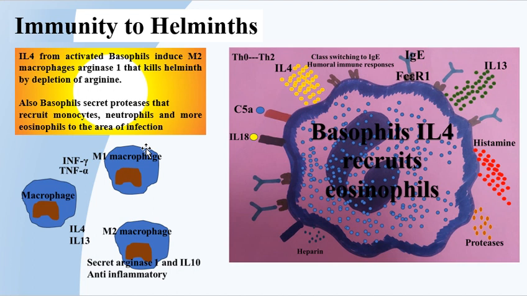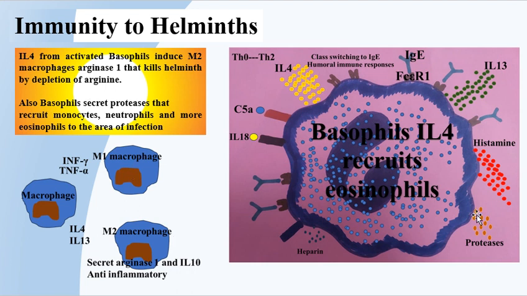However, M2 macrophages secrete arginase 1 and interleukin 10. So this interleukin 10 is very important to ensure T helper 2 immune responses and to downregulate T helper 1 immune responses.